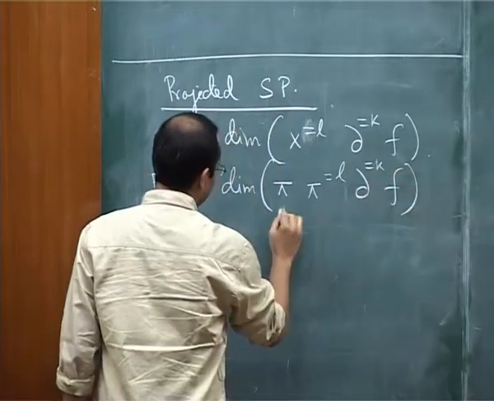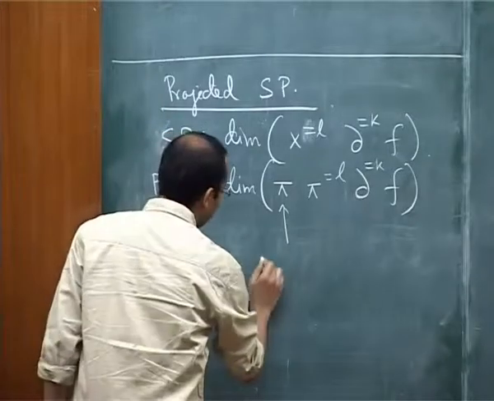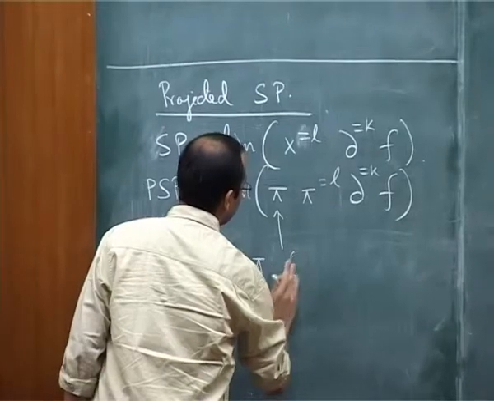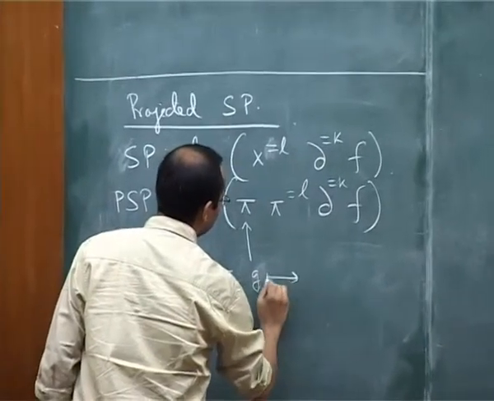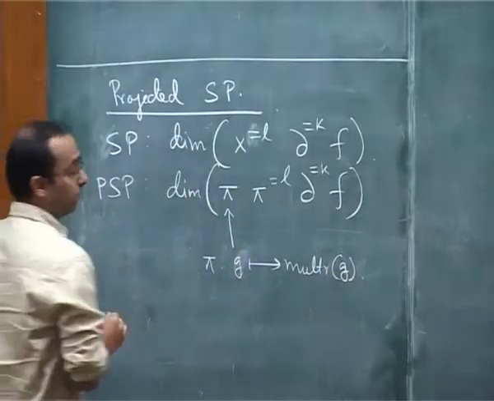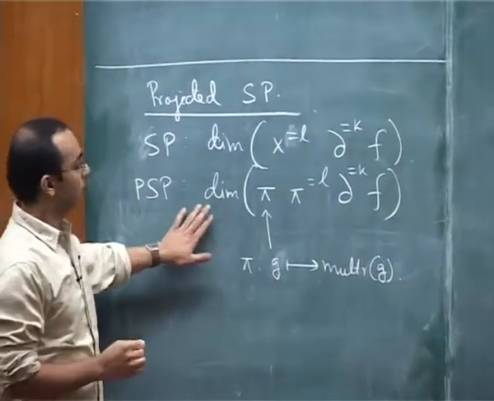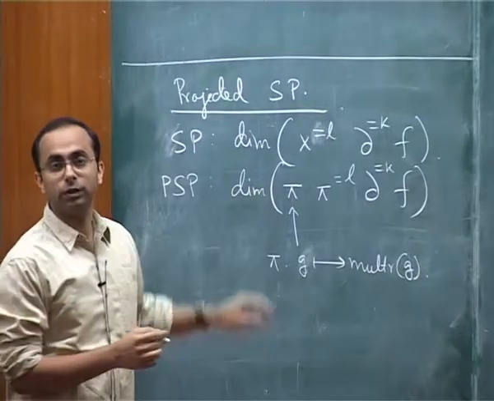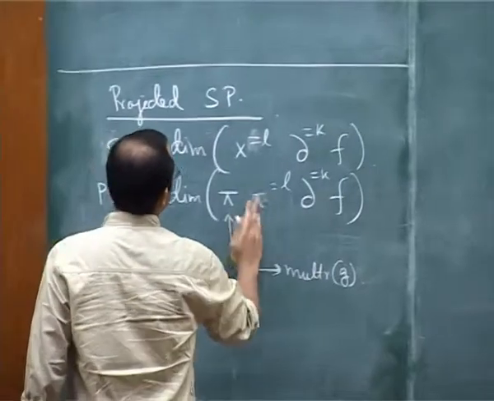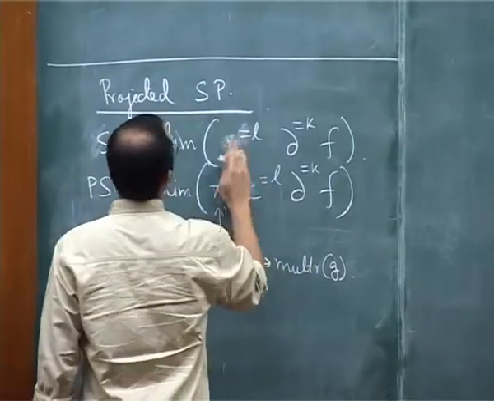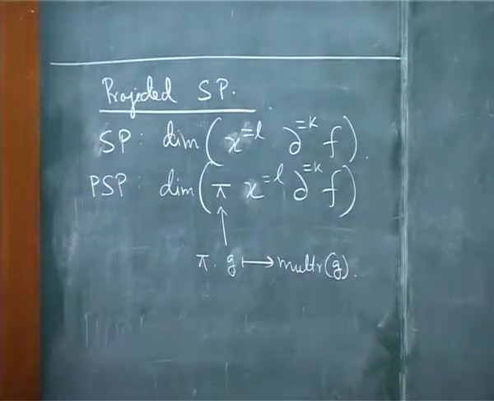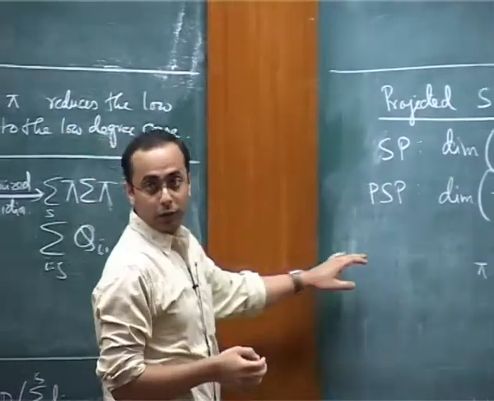And the projection that seemingly works is very simple. It's simpler than that map. It takes a polynomial g and maps it to just its multilinear component. That's all. And that's a slightly altered measure of the shift. Oh, sorry, this is x. Right. So this works.